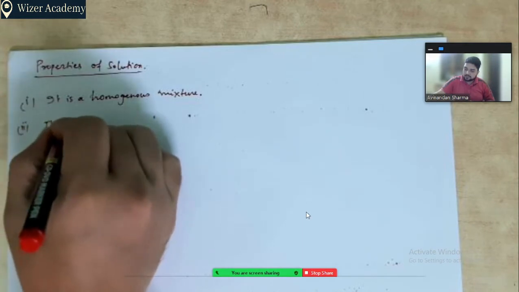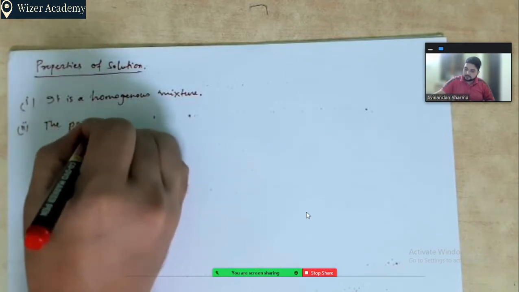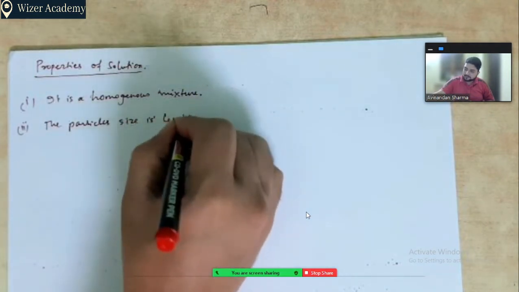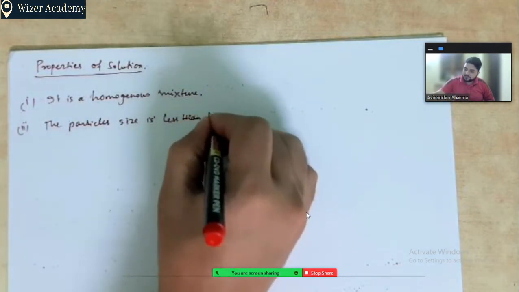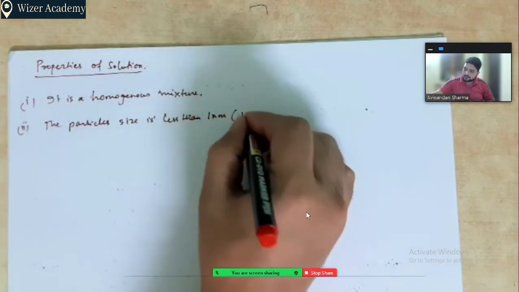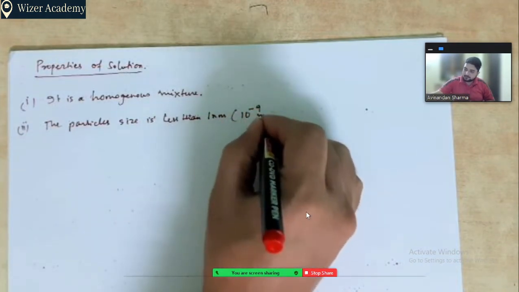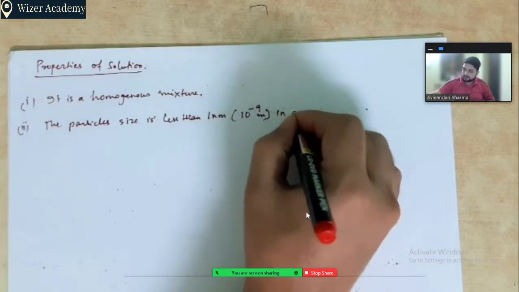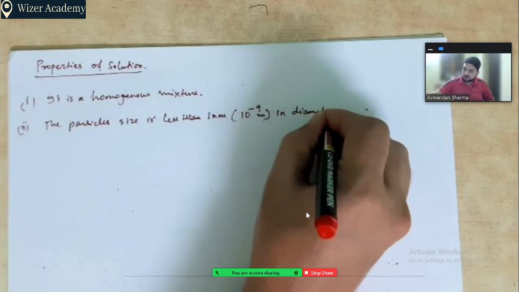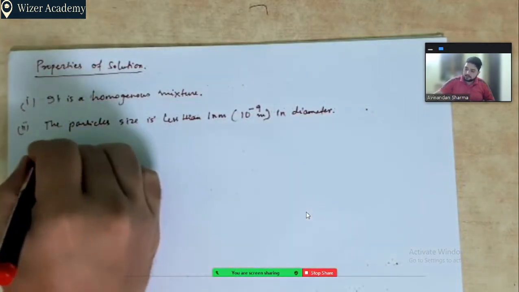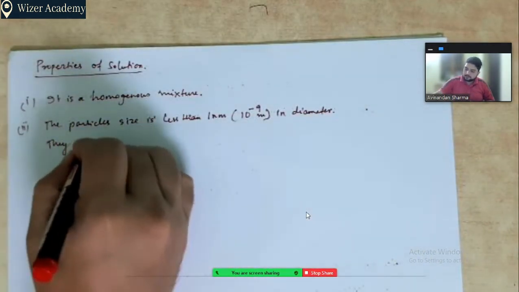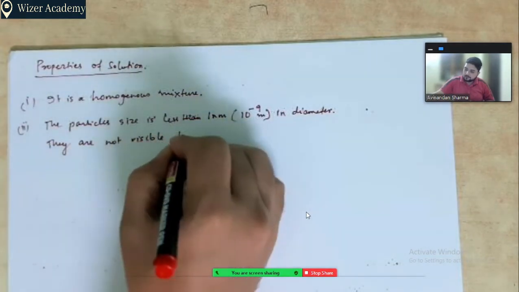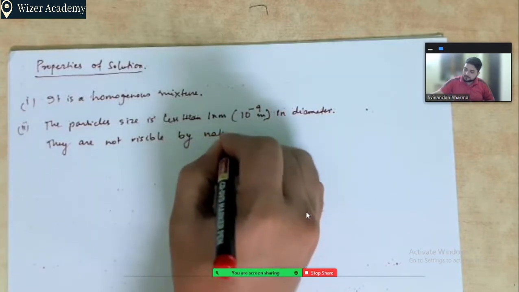So the particle size is less than 1 nanometer. 1 nanometer means 10 to the power minus 9 meter, in diameter, and they are not visible by naked eyes.